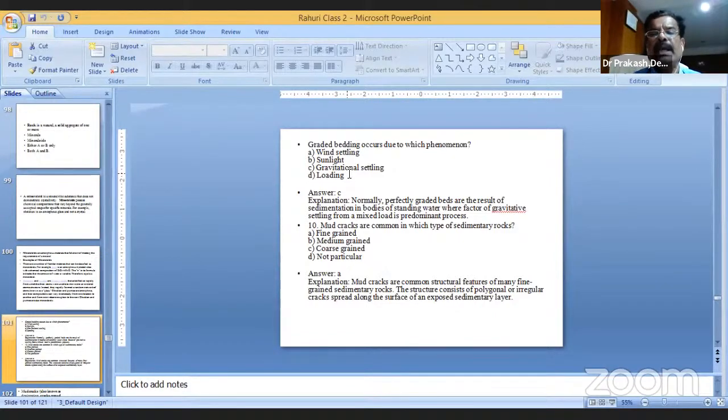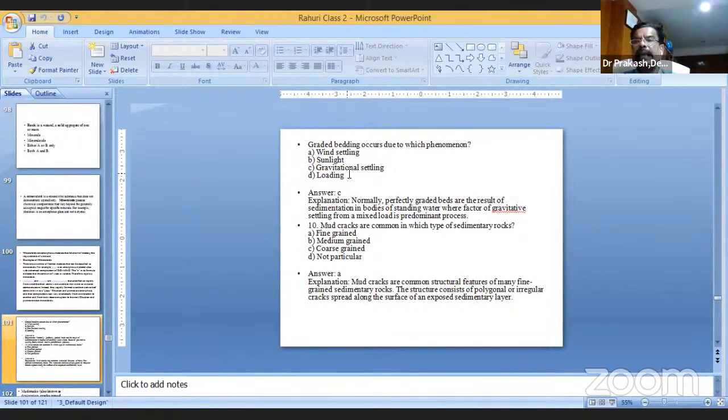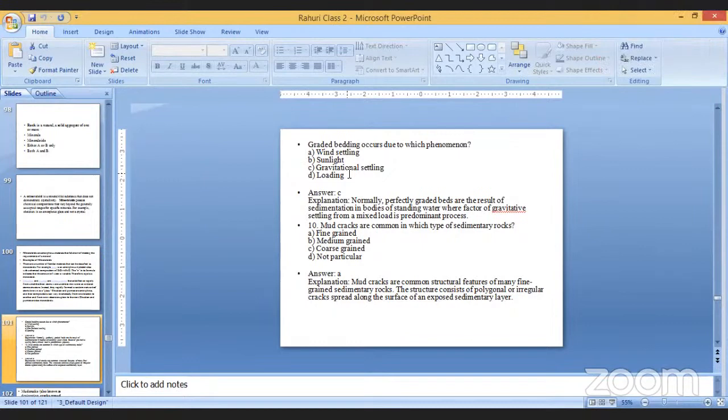Recollect your mechanical analysis. If you allow the particles to settle, which one settles to the bottom? Sand. Next, silt. Next, clay. Yes, that is the gradation as a result of gravitational influence.